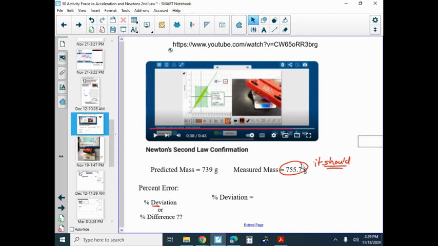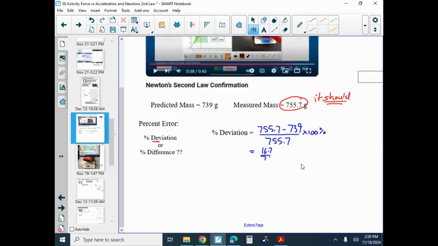And so you'd say, okay, you're going to do the 755.7, take away the 739, divided by that 755 that it's supposed to be. So how far are we off in comparison to the size of what we're trying to measure, right? And so then you end up with, I think that's 16.7 divided by 755.7 times 100%.